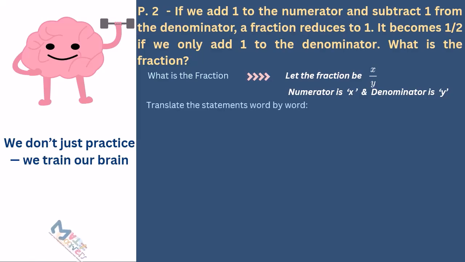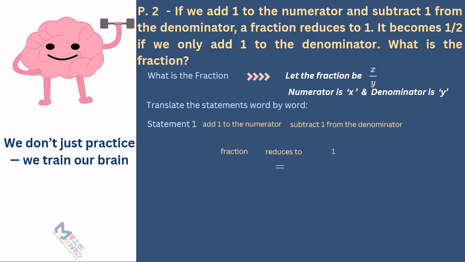Now, let's align each sentence as an equation. The first statement, add 1 to the numerator and subtract 1 from the denominator, the fraction reduces to 1. The key word here is reduces to. This acts just like is, so we put an equal sign in place of it. On the LHS, add 1 to the numerator means x plus 1.